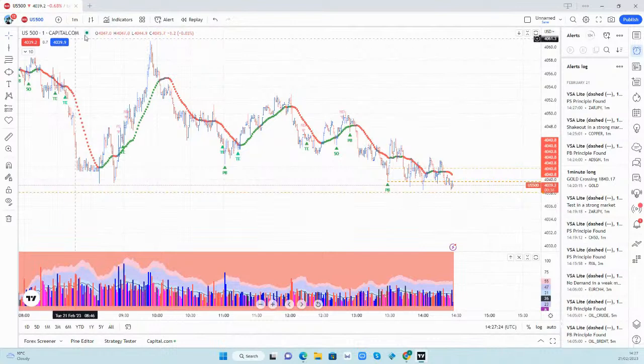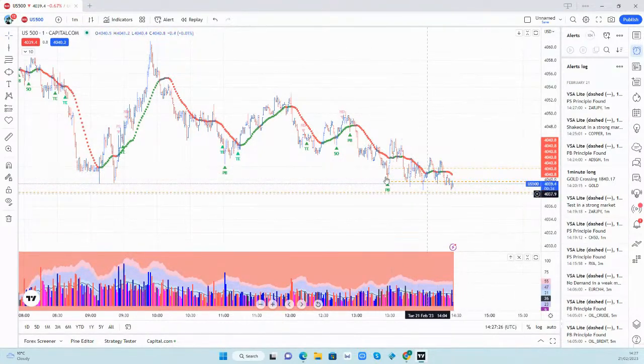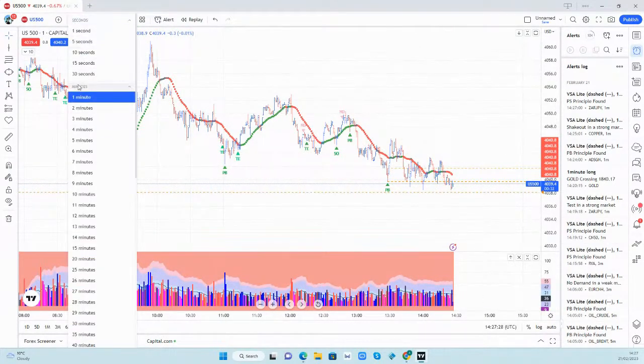And then obviously you want to see no demands and updrafts happening in the 1 minute chart, as well as the majority of the time frames, if you're doing the 5 minutes chart, for example, or the 15 minutes chart or the 30 minutes chart in my case. So this is how you plan your trading on a daily basis.